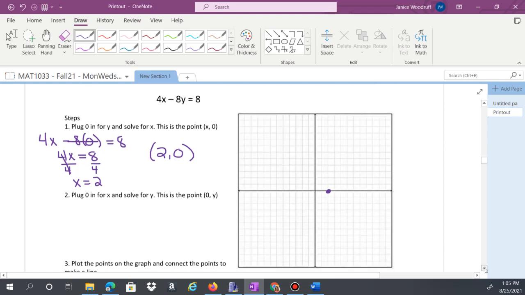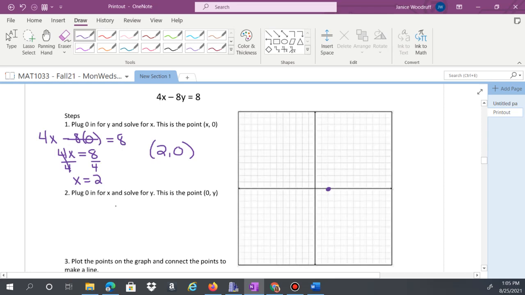Then for the y-intercept, you'll plug a 0 in for x. So the second step, you'll do 4 times 0 minus 8 times y equals 8. Then 4 times 0 is 0, and you have negative 8y equals 8. So you'll divide by negative 8, and 8 divided by negative 8 gives us negative 1.